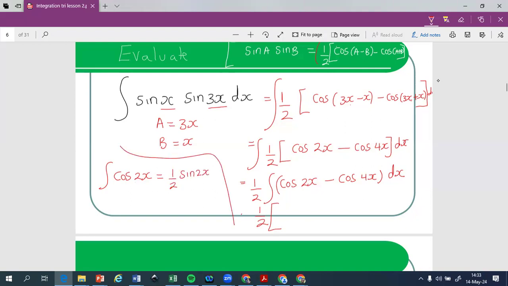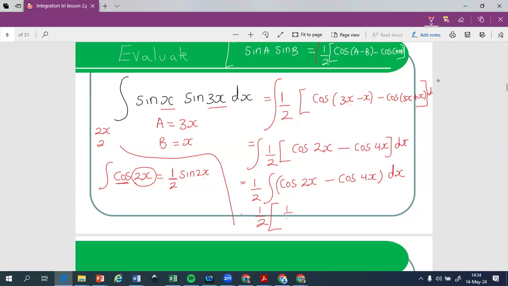What you do, you look at the angle you have, that when I differentiate this angle, what do I get? When I differentiate 2x, I'll end up with 2. So what I do, I just say 1 out of what I have differentiated. Then integrate cos. When I integrate cos, I get sine. Then write the original angle.